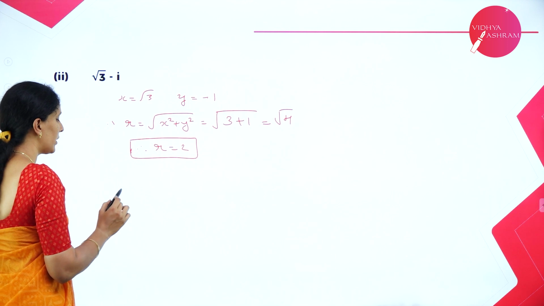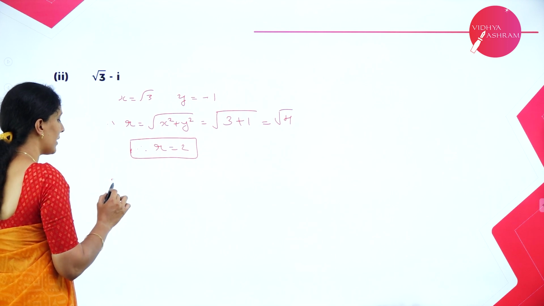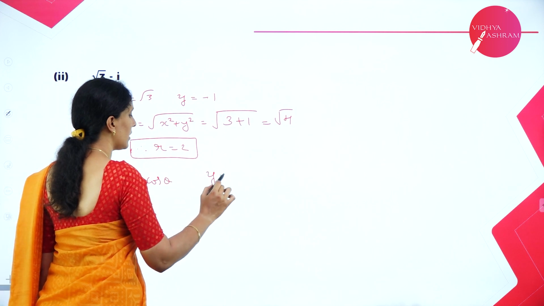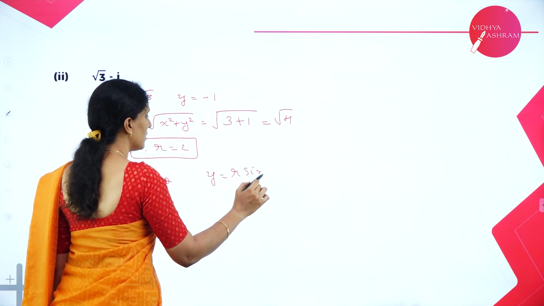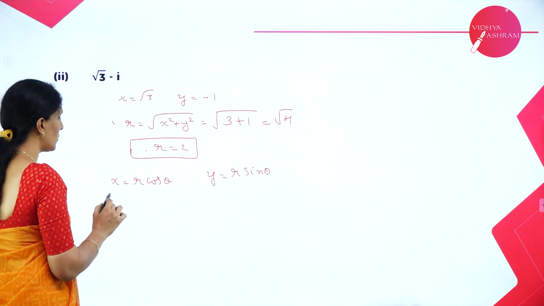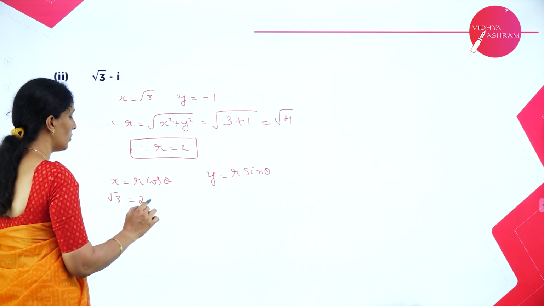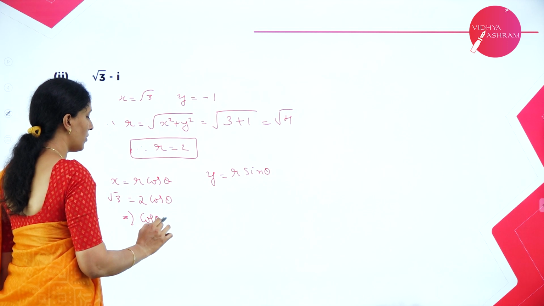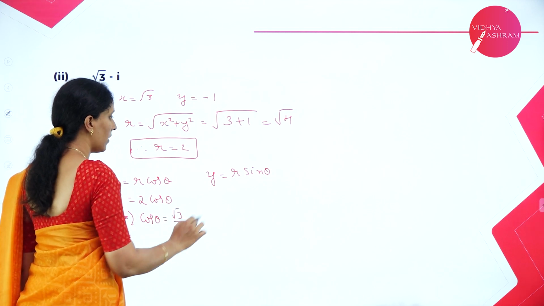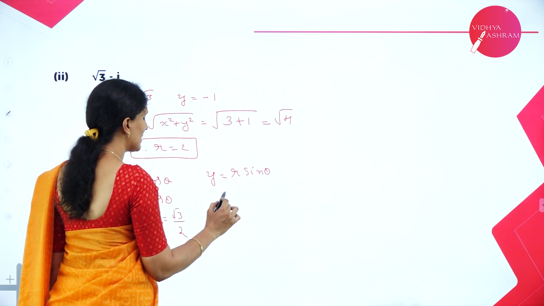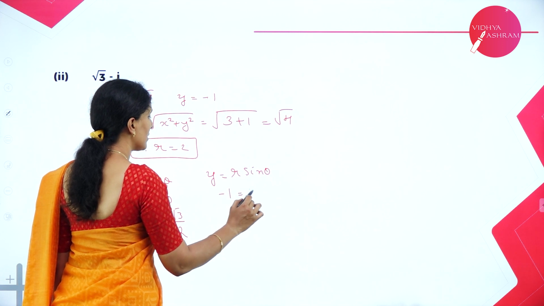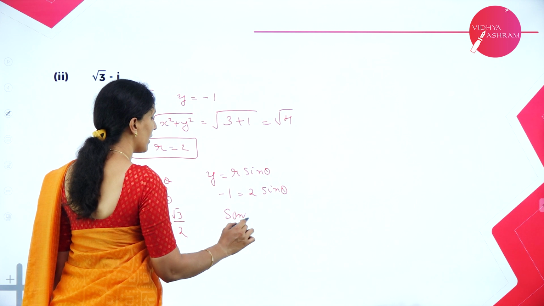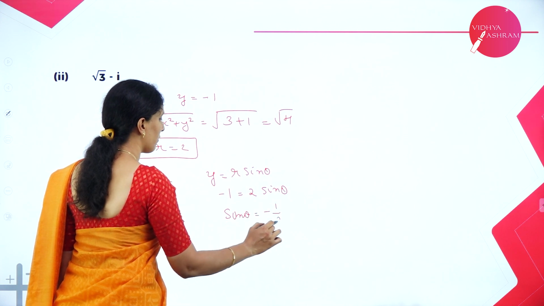Next we will find theta. We can take x is equal to r cos theta and y is equal to r sin theta. So the value of x is root 3, r is 2 cos theta. This implies cos theta is equal to root 3 by 2. And here we have y as minus 1, r as 2 sin theta. So we get sin theta is equal to minus half.